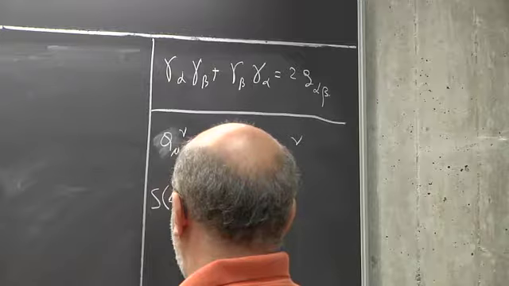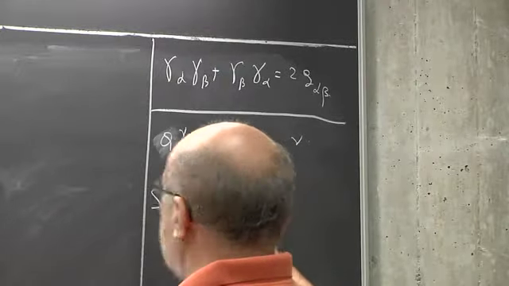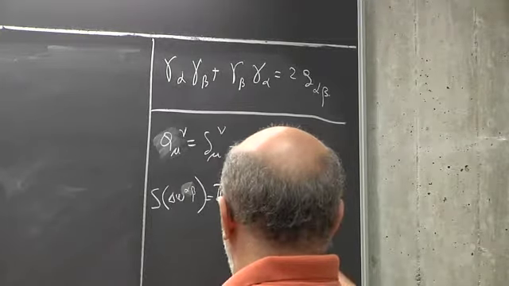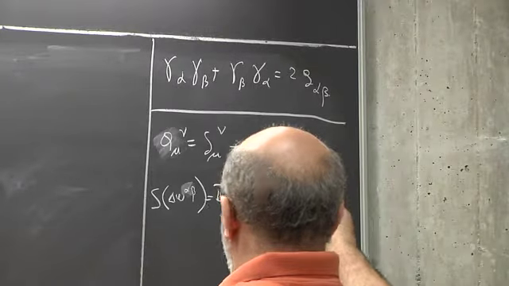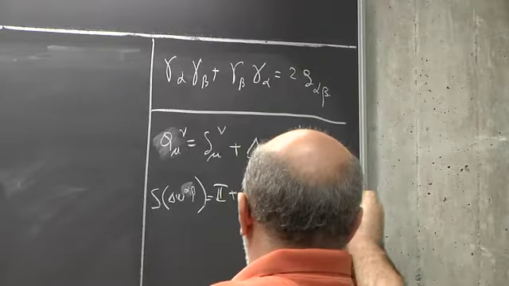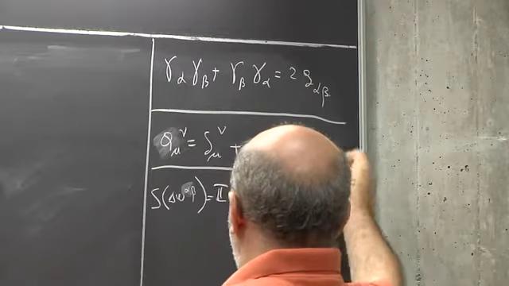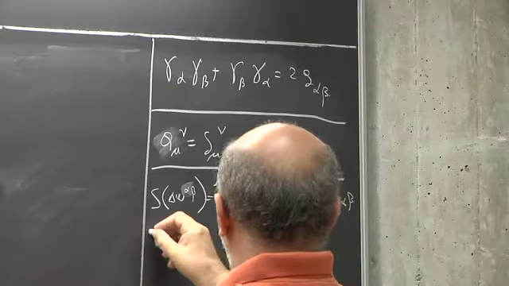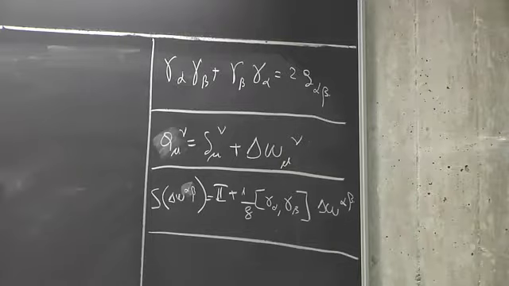So S of delta omega alpha beta is equal to the identity plus 1 over 8 gamma alpha gamma beta delta omega alpha beta. Okay, so we have the infinitesimal transformation in space-time, the A mu nu, and we have the transformation for the wave function.